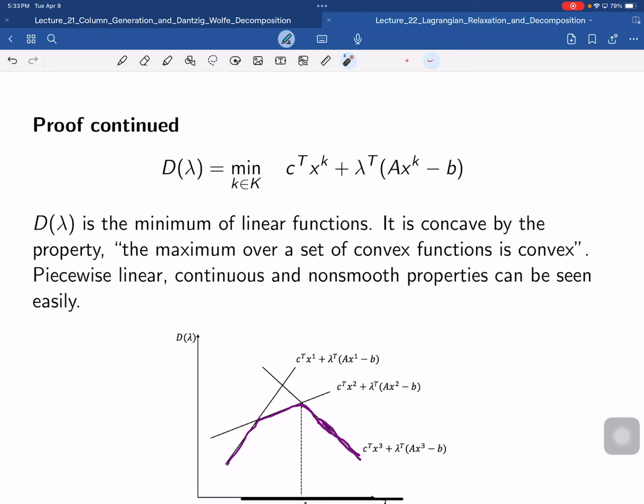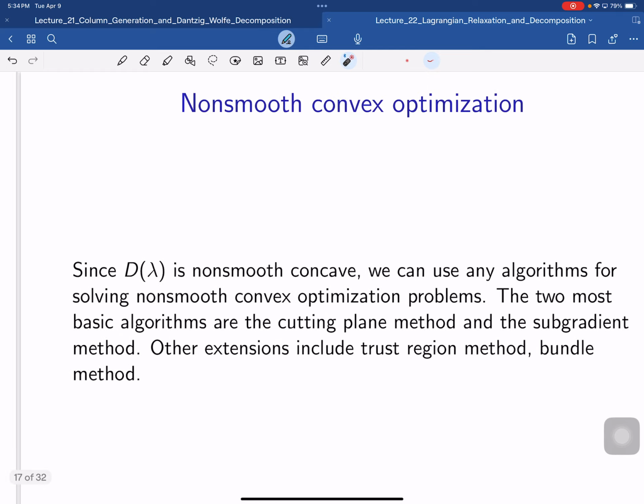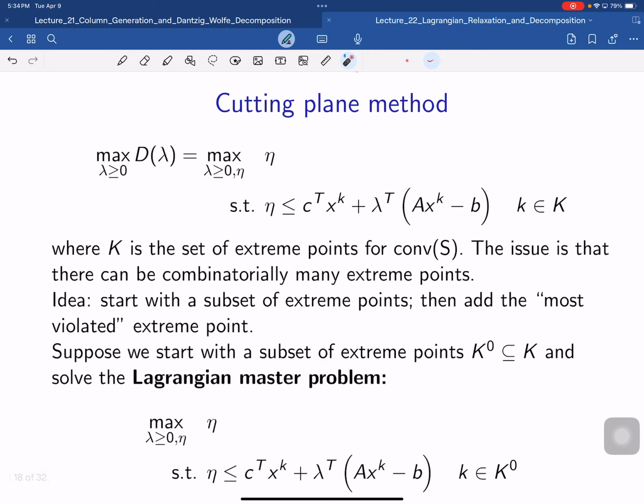And then you can reformulate this as the minimum over some linear function. We've talked about this before. The d lambda is a minimum over all three. Let's assume you have three extreme points that correspond to three linear functions. You are taking the minimum of these three linear functions, and this d lambda can be written as the following form, right?